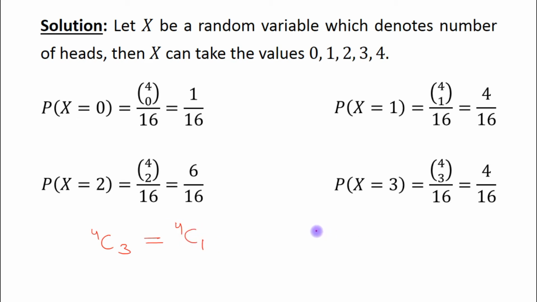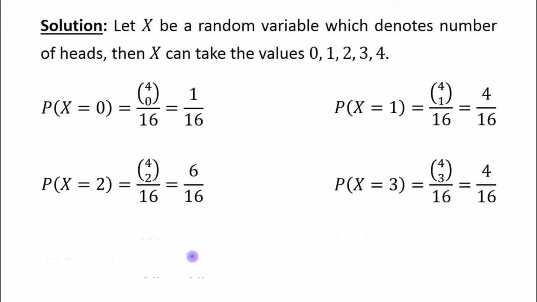Remember, nCx equals nCy if x plus y equals n. So 3 plus 1 is equal to 4. That's why these both will be equal, and 4C1 was 4. So the probability of getting 3 heads will be 4 upon 16.